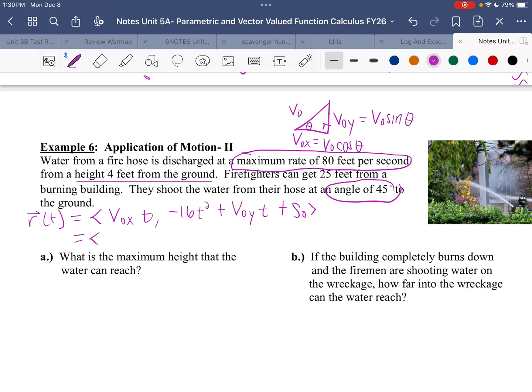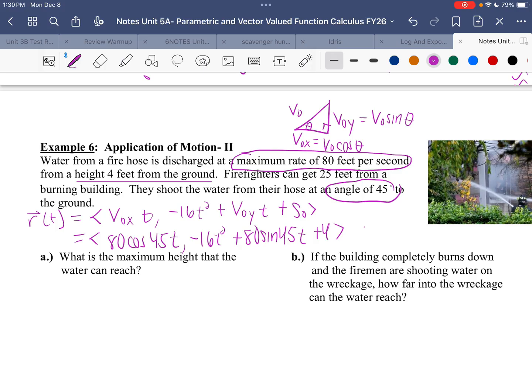So you're going to have 80 cosine 45 t, 80 sine 45 t, and what was the initial height? 4, plus 4. Which really means we can simplify, because we do know the cosine and sine at 45 degrees.